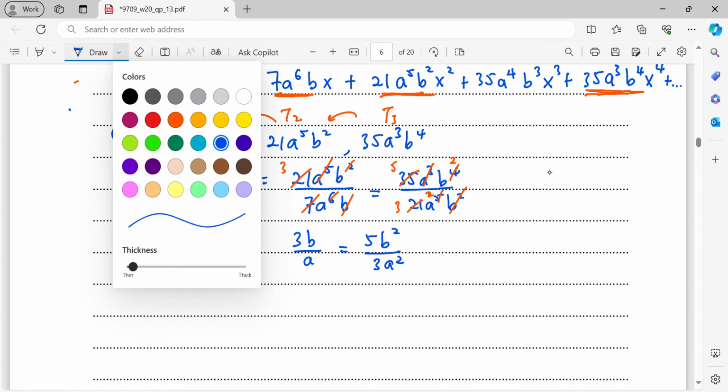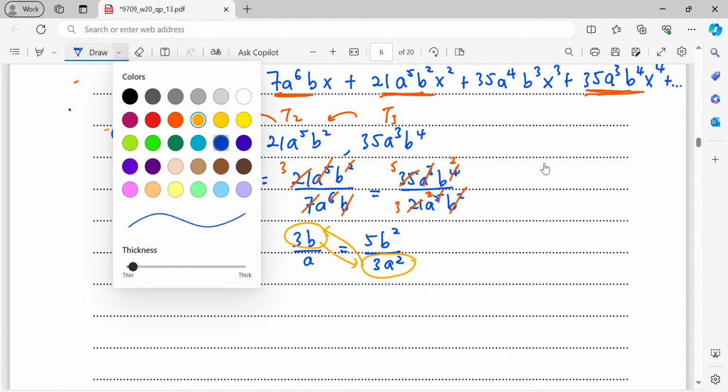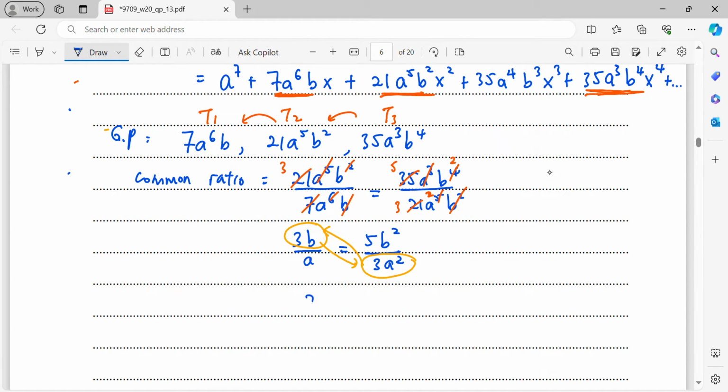So this part I move up, then the 3b I move down. Which means now I will get 3a^2 over a equals to 5b^2 over 3b. So now the a can be cancelled off. Then here b can be cancelled off.